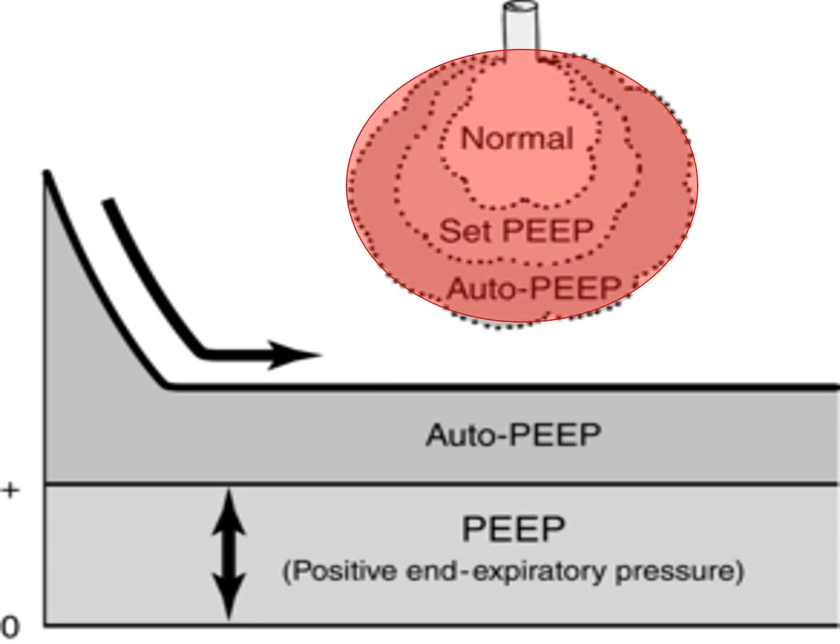Now we get into auto PEEP. This is where our patients have a degree of restriction. So they are CO2 retaining, they're air trapping, they're having trouble getting things out. We can use an extrinsic source of PEEP, like a PEEP valve or CPAP, to create an artificial level of PEEP within the thoracic cavity or within the lungs, and to allow, as long as it's below that level of auto PEEP, those trapped gases out and to let our patients have a more effective expiratory phase.